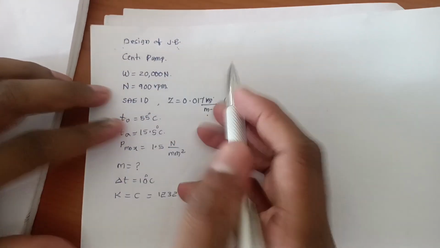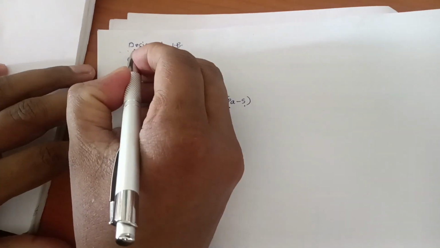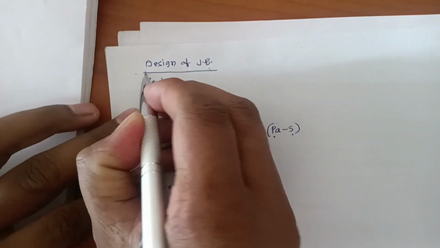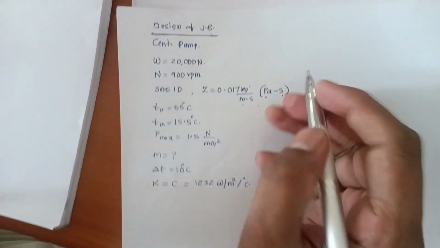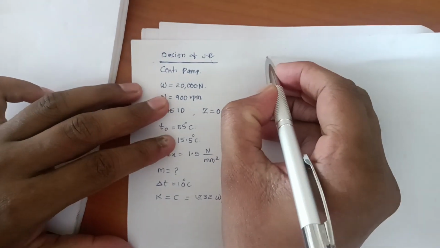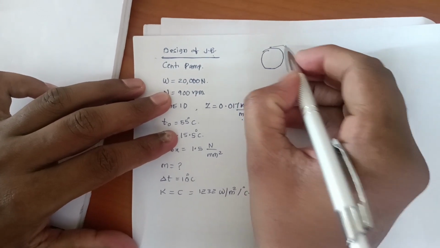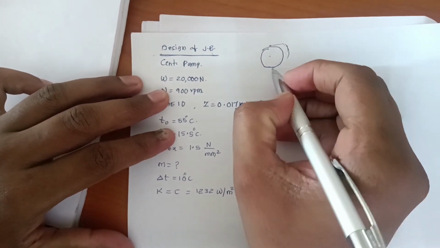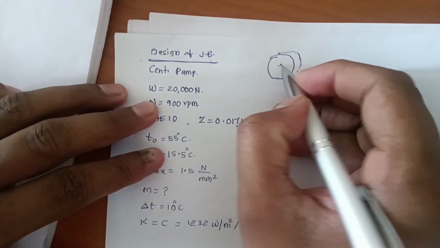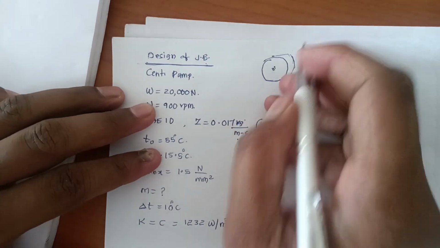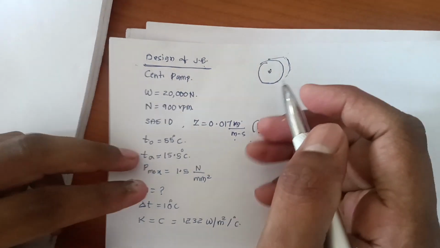First, they are asking for the design of the journal bearing. Generally, in the design of a journal bearing, if you take any bearing, it is like this. Here, generally, it is a sliding contact bearing.